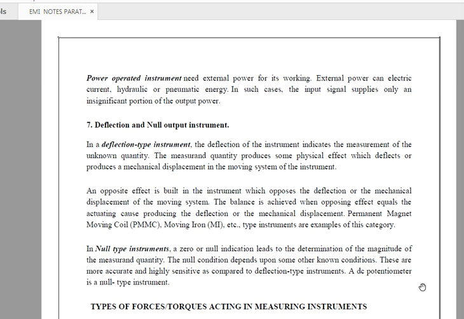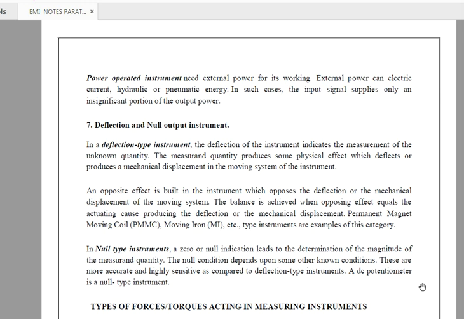The unknown quantity which we measure indicates its value by the deflection method. The measured quantity produces some physical effect which produces a mechanical displacement in the moving system of the instrument.